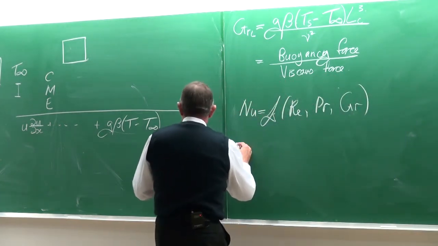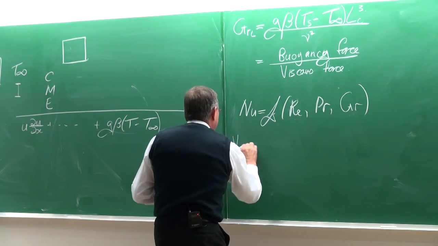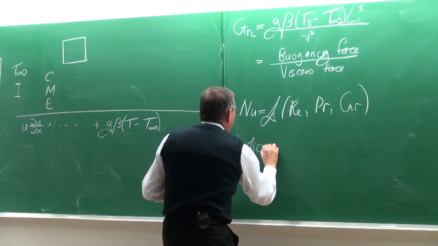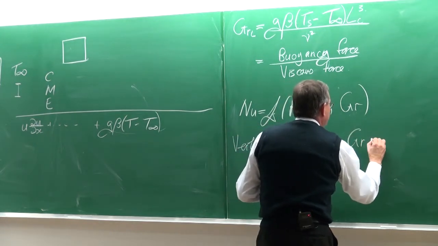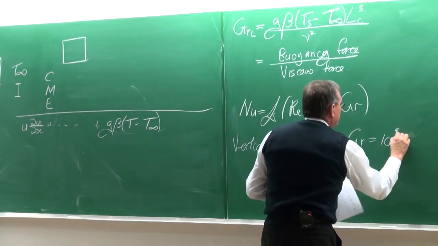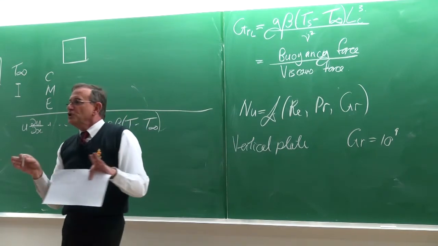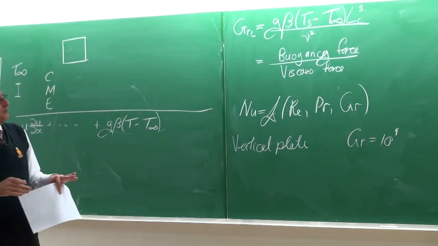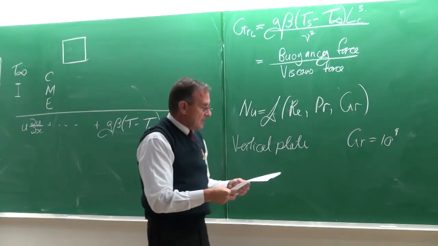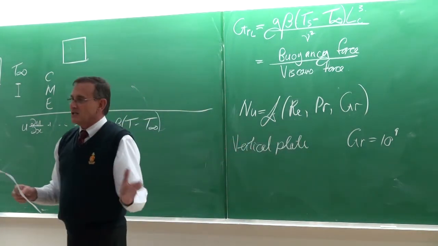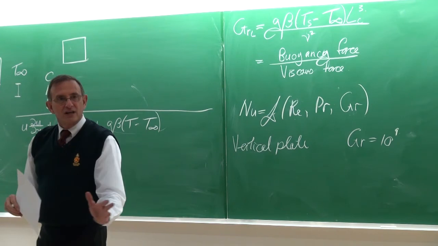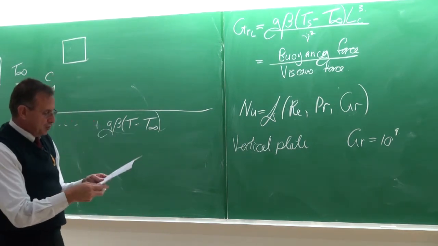Now, typically for a vertical plate, a Grashof number of 10 to the 9 is considered where transition will occur. So if it's smaller than 10 to the 9, the flow would be considered laminar. If it is higher than that, it would be considered turbulent.